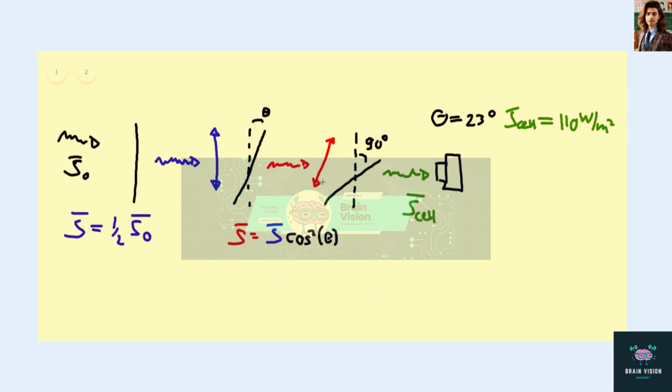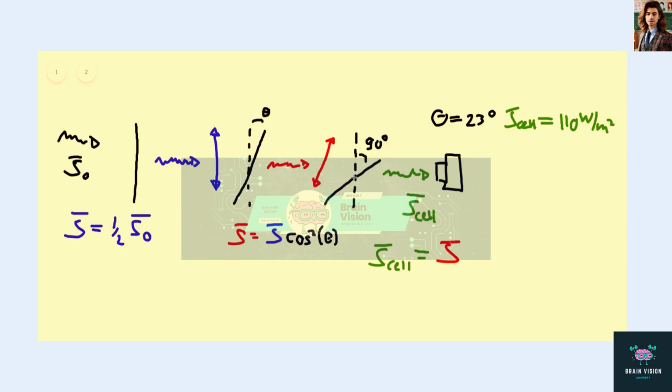And so what comes out on the other side of the analyzer is what the photocell actually picks up. So here we're going to have S bar cell, which is equal to the intensity coming onto the analyzer, the red S bar, multiplied by the factor for the angle that this theta-angled polarization axis makes with the horizontal polarization axis.